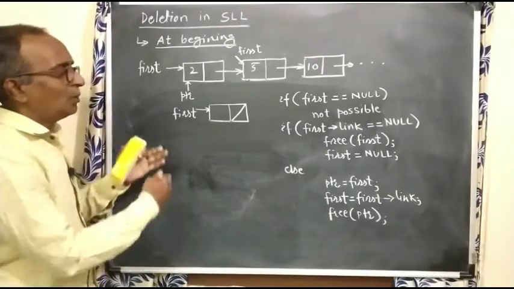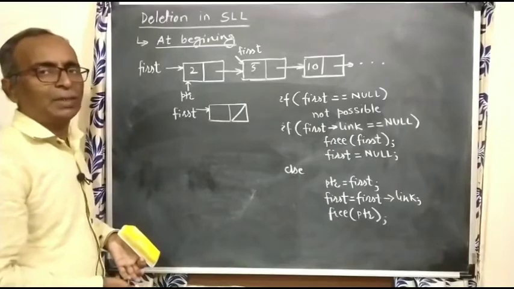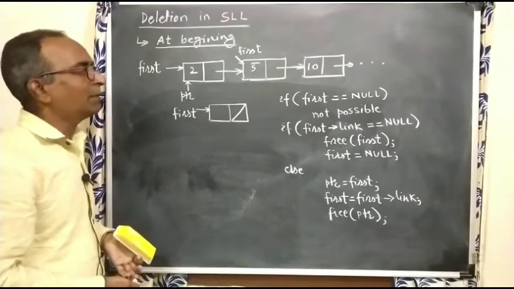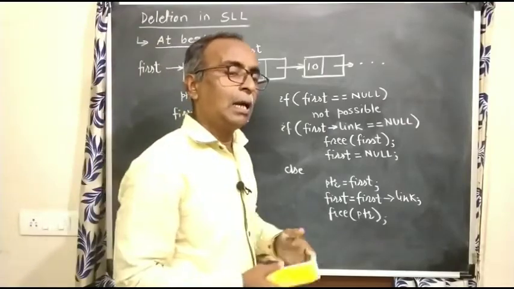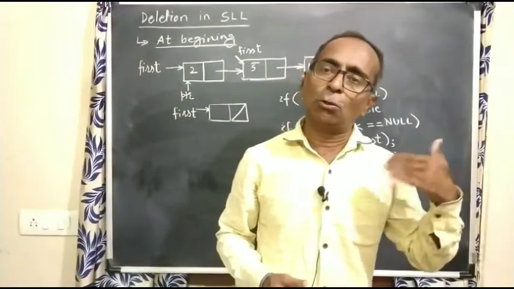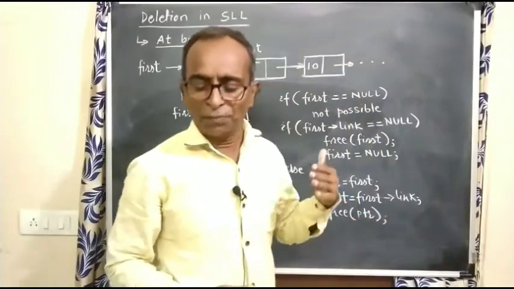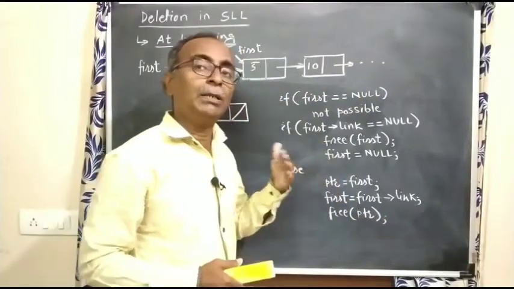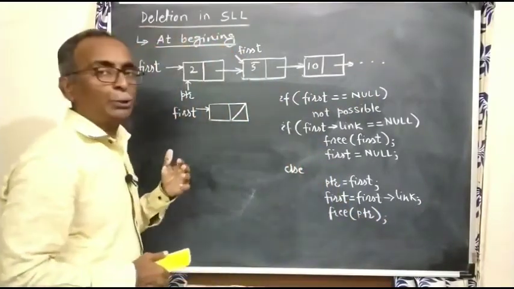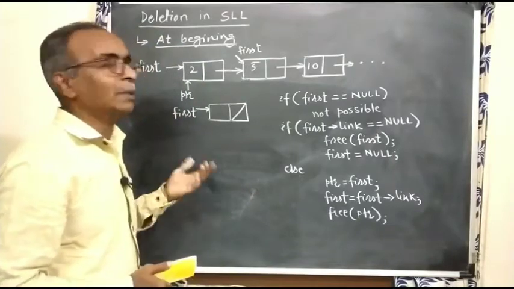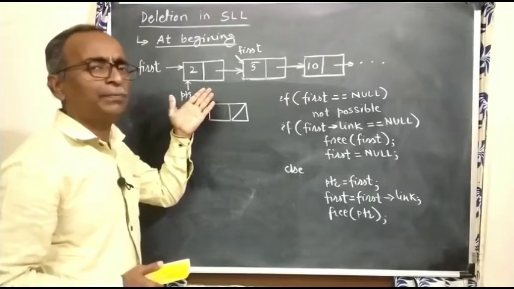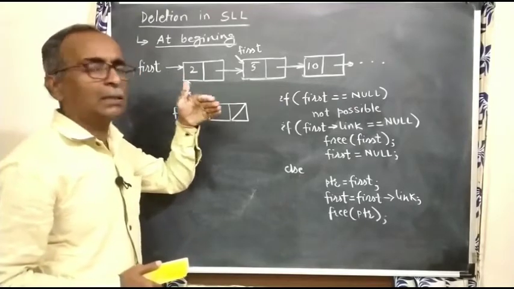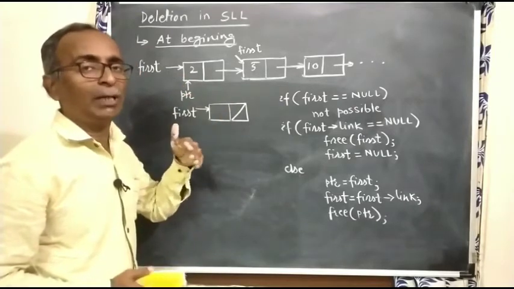Now if I want to convert this to a function, whenever you are writing functions, whether you consider the first node's address as a global variable or a local variable, everything changes. So what should the signature be for this? Assume the first node's address is a local variable.